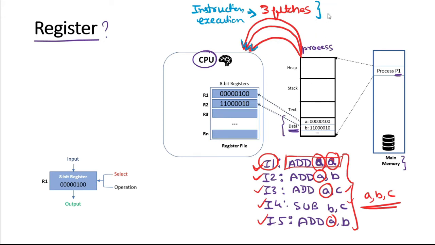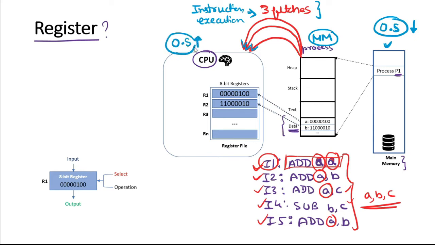At each fetch, it waits for main memory to provide the information, right? And we also know that the operating speed of this main memory is very low compared to the CPU. The CPU's operating speed is very high.